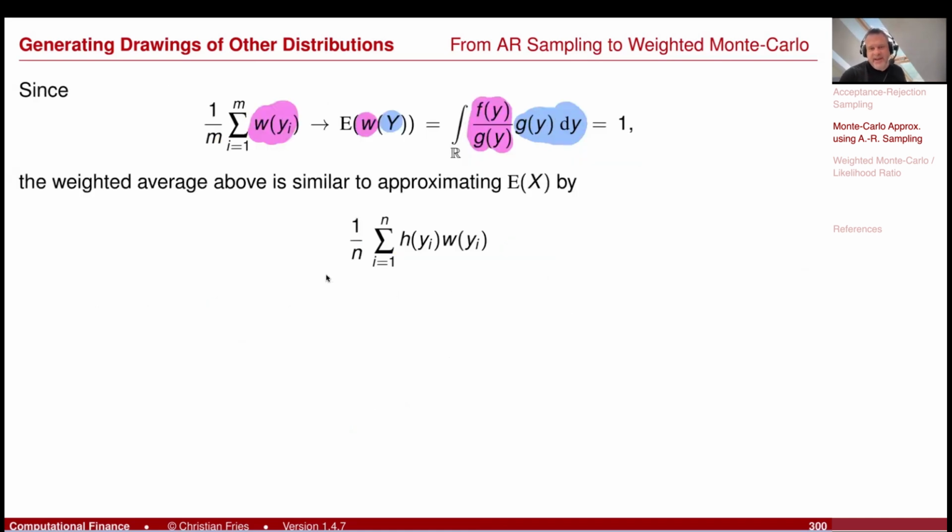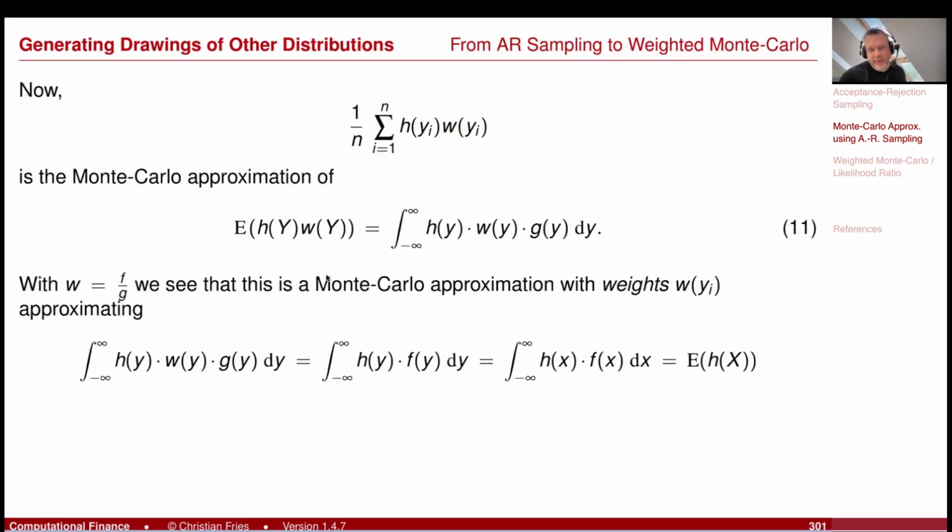Okay, so this part here is just the Monte Carlo integral approximating the expectation of h of y times w of y. So what we are left with is this part here, and you see this is approximating the expectation of applying the function h to your random variable y, and applying the weight w to your random variable y. So expectation of that is like integrating with respect to g dy.